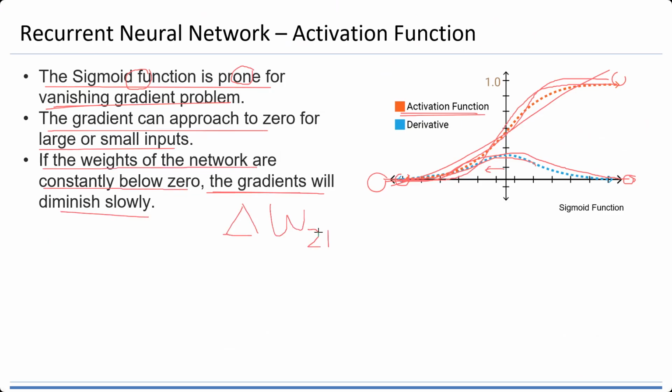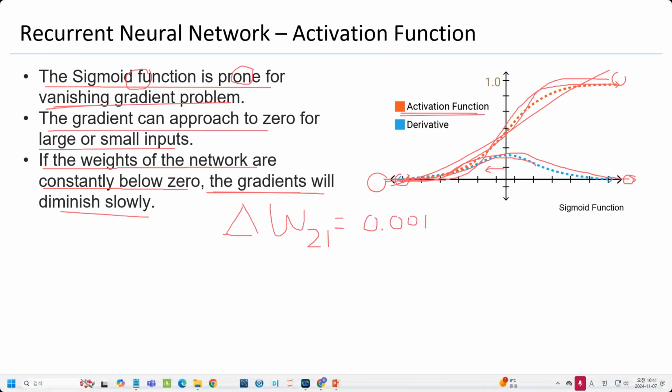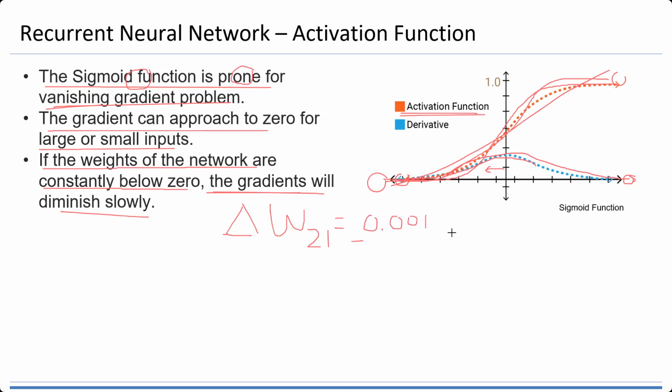If this is very small or diminished slowly, usually it is like 0.001. This is already small, and you can get the weight to converge easily.